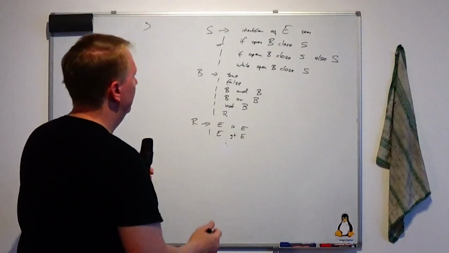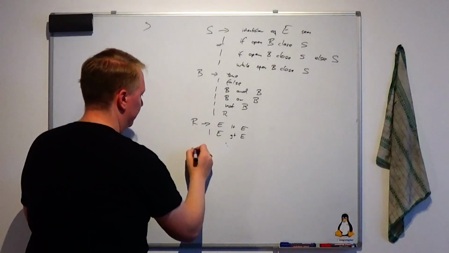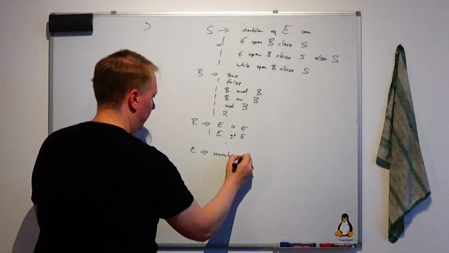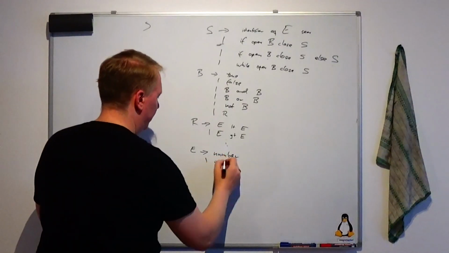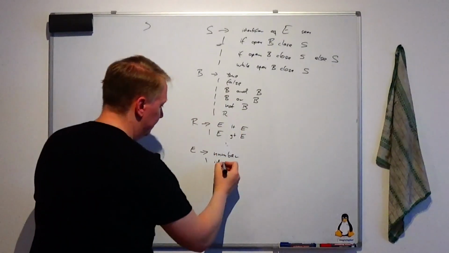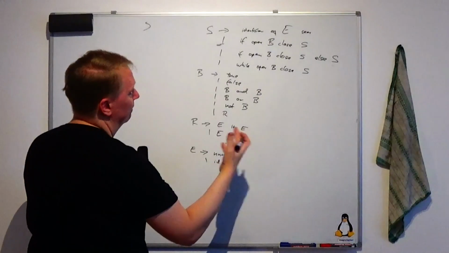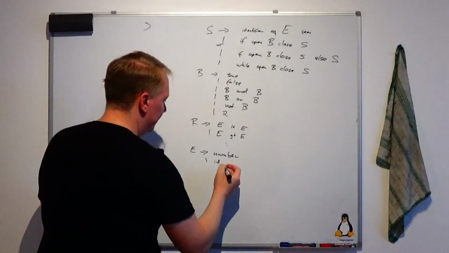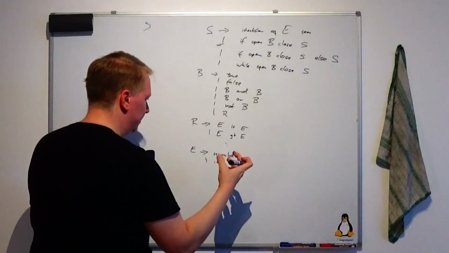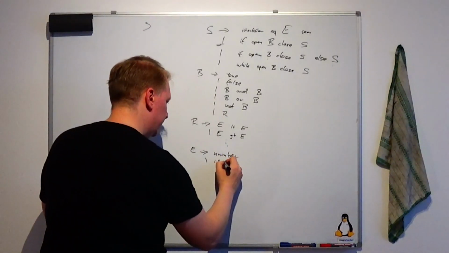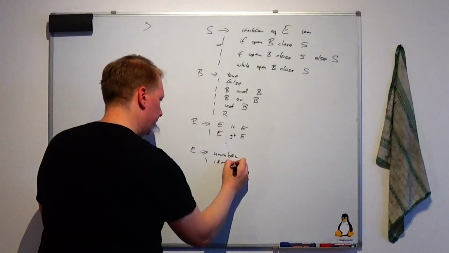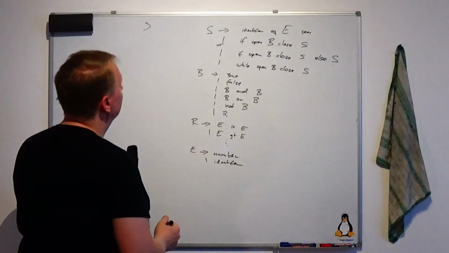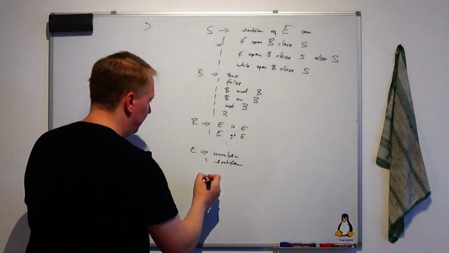Okay? And yeah, then the arithmetic expression could be a number or an identifier, so you could take a variable name here, so you would want to read or take a value from a variable. So an identifier could be an arithmetic expression.